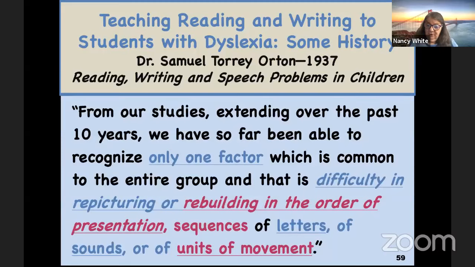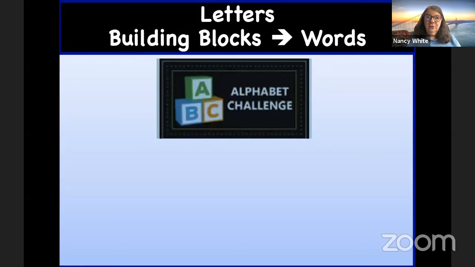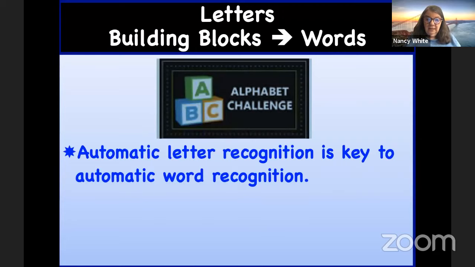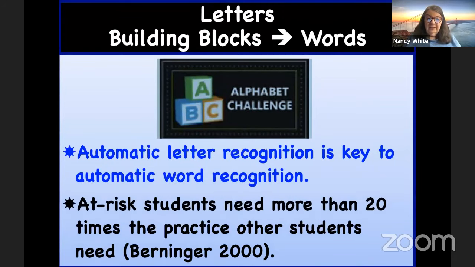So that would be orthographic patterns that we see, sounds or phonemes that we hear and feel. We perceive them both from listening and pronunciation. That would also be included in the units of movement, but so would letters for writing. But the units of movement could be for speech or for writing. So the building blocks: automatic letter recognition is key to automatic word recognition.